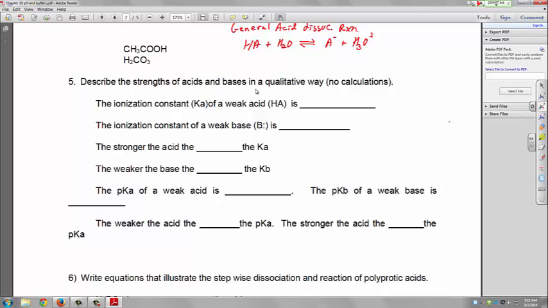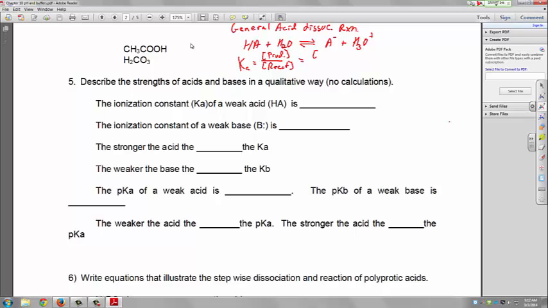All right, the Ka is this equilibrium constant, and it is really nothing more than a ratio of the products here on the right hand side over the reactants. We're going to leave out the concentration of water. You can look back in your lecture notes and figure out why that is. But essentially, this is a ratio of the products over the reactants.